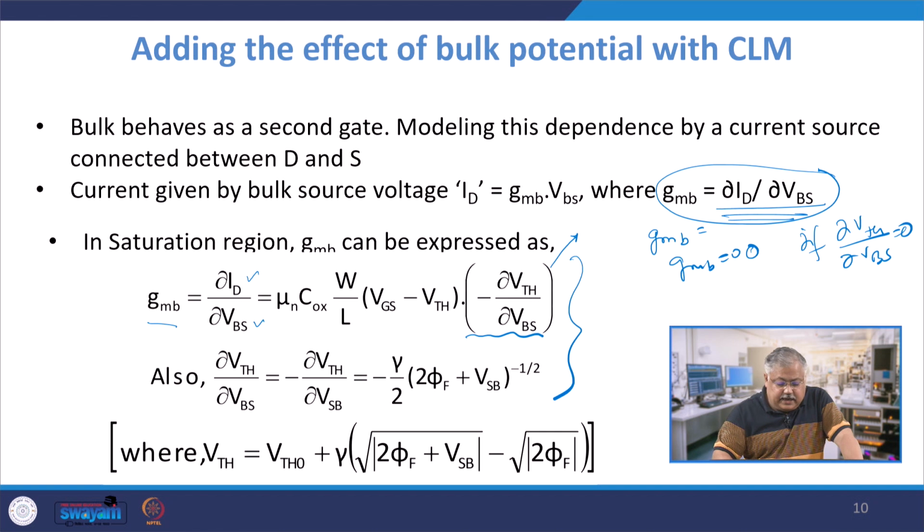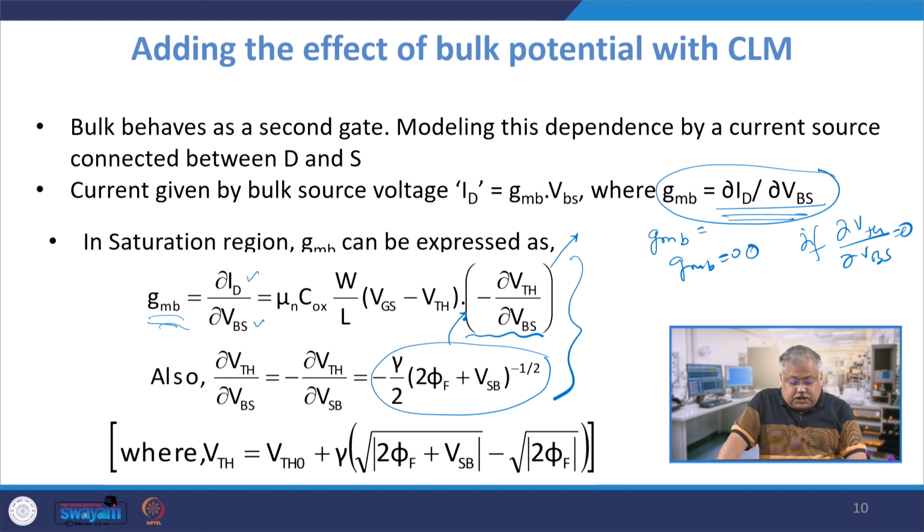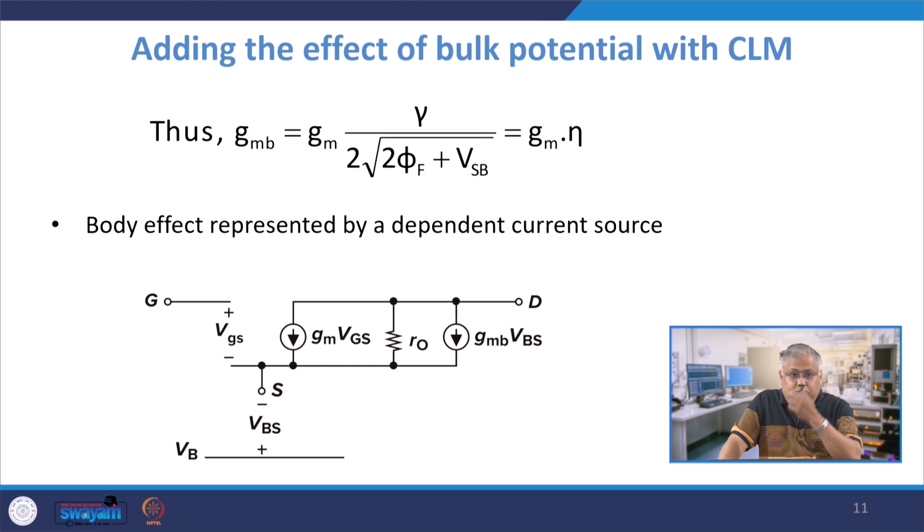Also, we know that del VTH del VSB is given by this expression, right? So you just plug it in here, and you can get the new value of GMB from this particular point, where we know that VT is equal to VT0 plus gamma times the factor which we have already done, right? So this gives me the expression of how threshold voltage is changing with bulk to source voltage, and this is where we come to GMB.